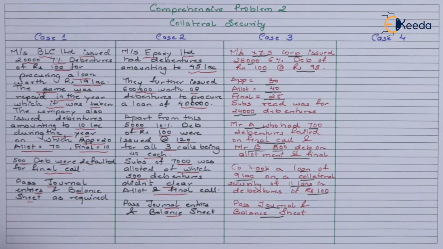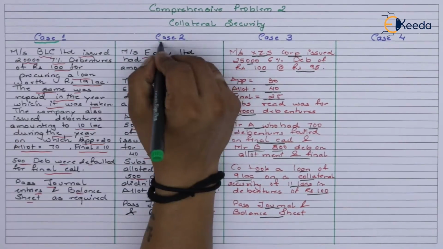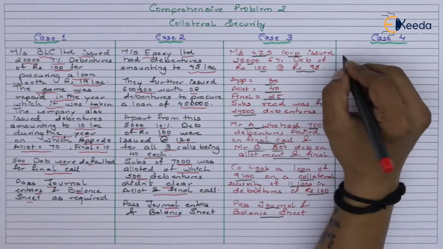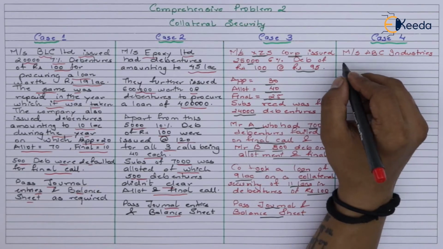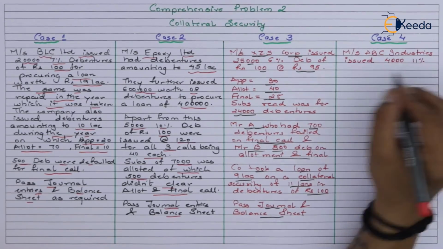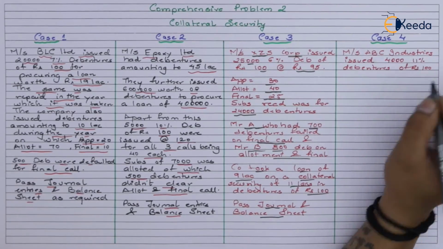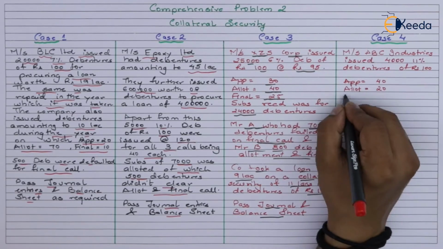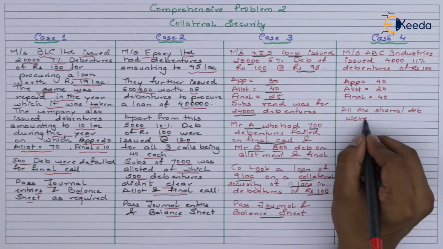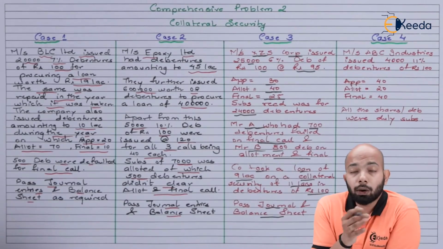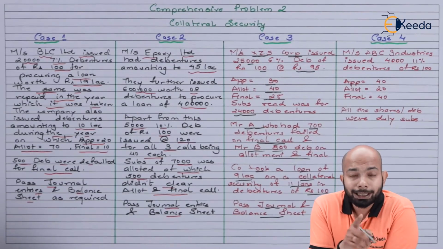Now, we'll go into the case 4 details of this illustration. Now, the case 4 details talk about Messrs.